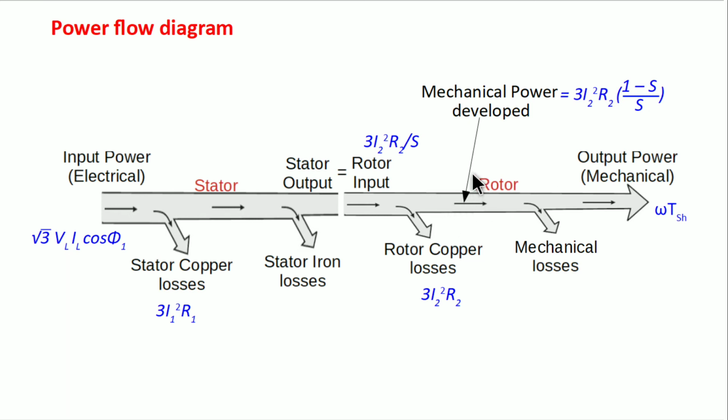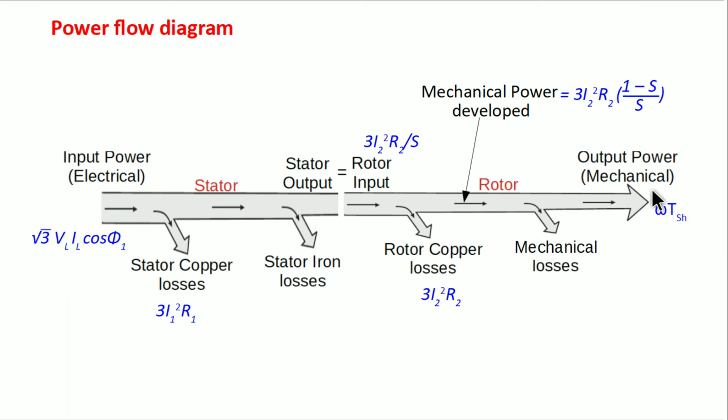From the mechanical power developed, if we subtract the mechanical loss, the rest of the power is available at the shaft as output power, which is mechanical and is given by the expression omega T_SH, where omega is the angular velocity in radians per second and T_SH is the torque available at the shaft, or the mechanical torque which we can supply to the load. Now the efficiency of the motor is output power, that is omega T_SH, divided by input power, root 3 VL IL cos phi.